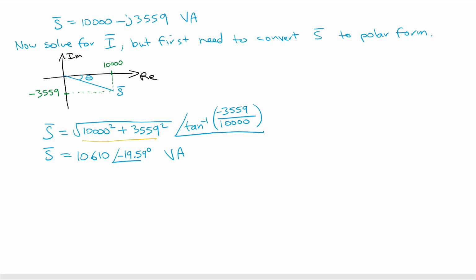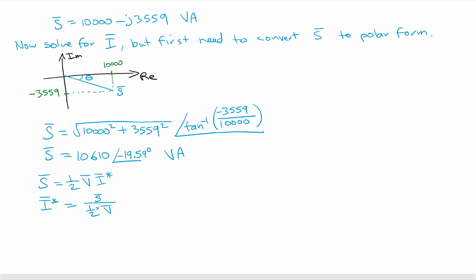That's just Pythagoras, and then we take the tangent, measuring from the positive real axis, and then we get a result of 10,610 as a magnitude and a phase angle of minus 19.59 degrees for the complex phasor in polar form.